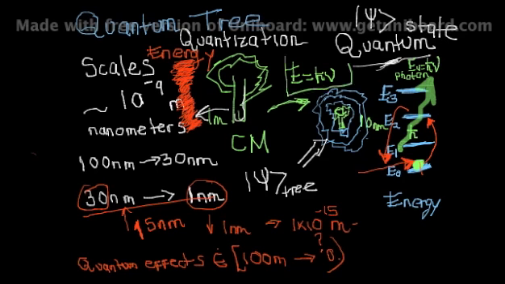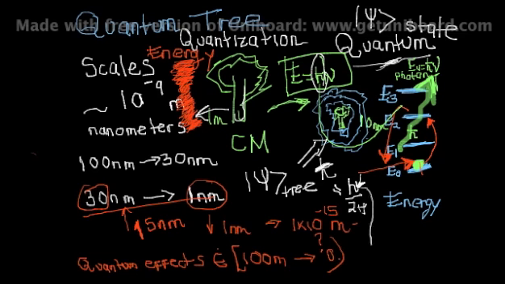This is the energy of the emission of this photon, and h bar is equal to h over 2 pi, and this h is the Planck constant.